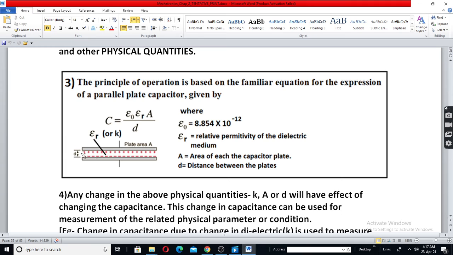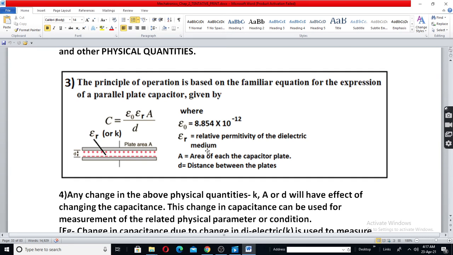Now the effective area is this much. If you move it so that part goes outside, this outside area will not have any effect.